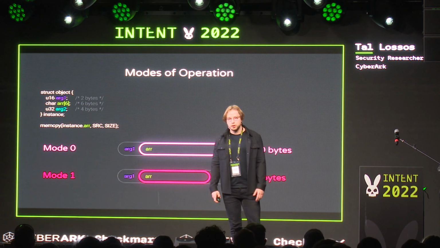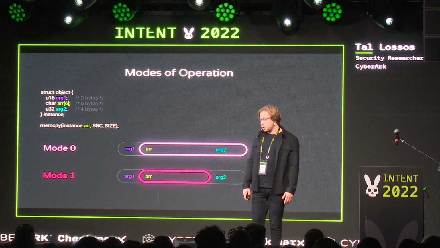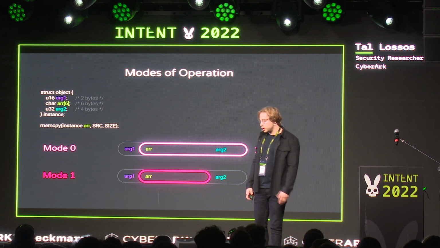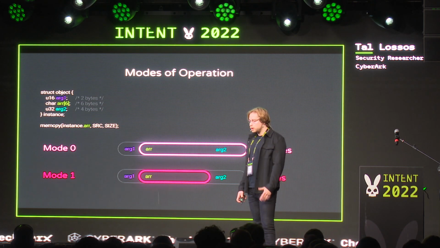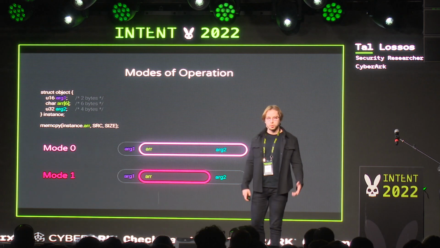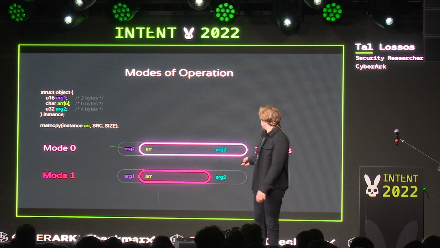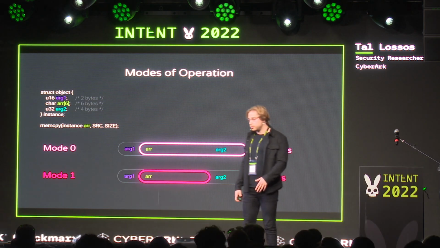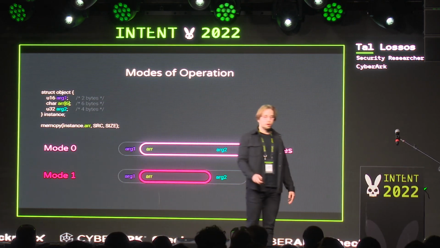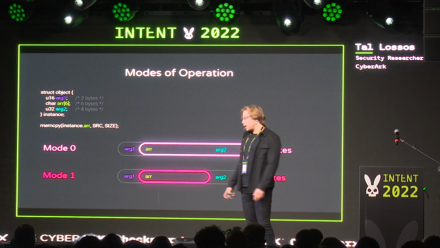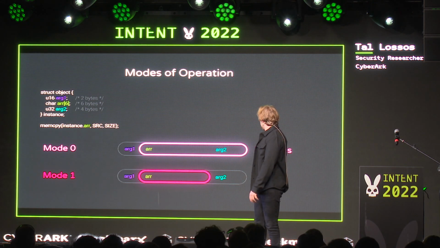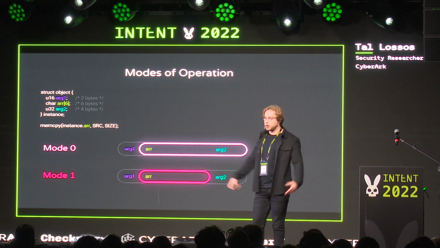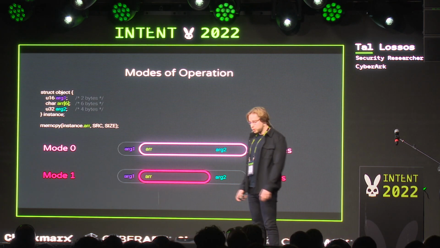If we operate under mode 0 of Fortify source, we can indeed still overflow the R buffer, thus overriding or corrupting or doing whatever we want to the data stored under arg2. But if we operate under mode 1 of Fortify source, we actually cannot overflow even the specific R member in the struct, thus keeping the arg2 very safe and having a much safer memcopy operation.